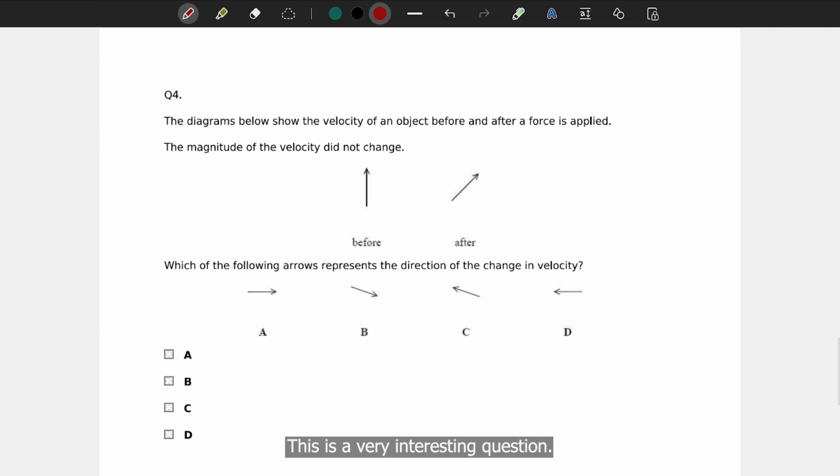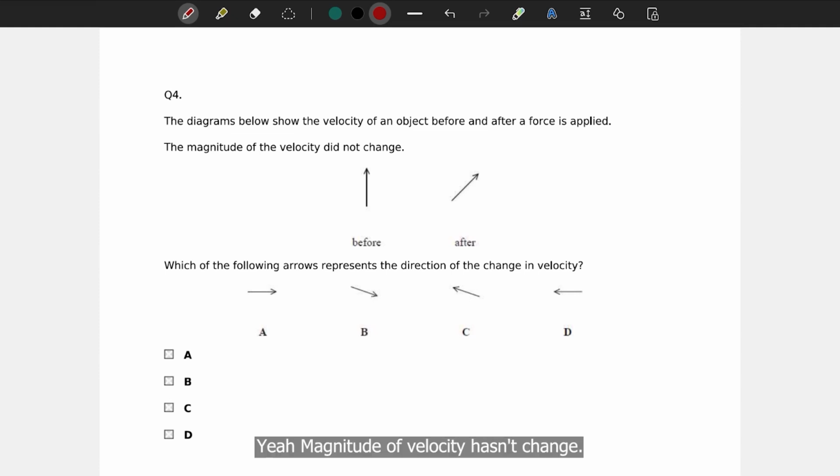This is a very interesting question, very interesting one. The diagram below shows the velocity of an object before and after a force is applied. The magnitude of the velocity did not change.